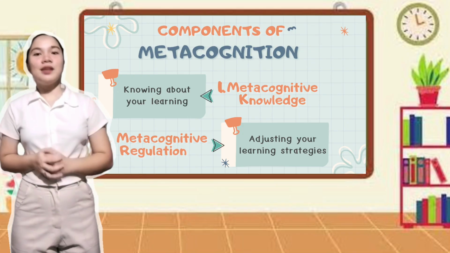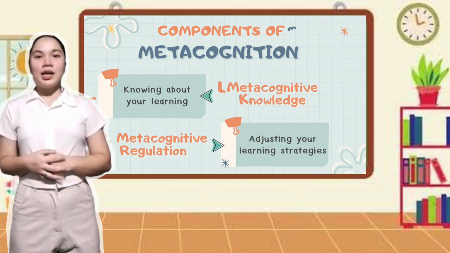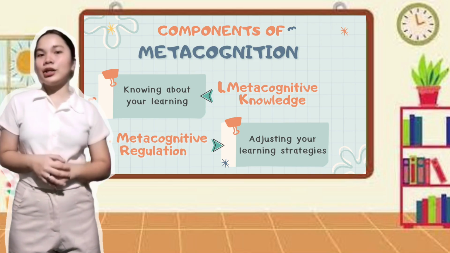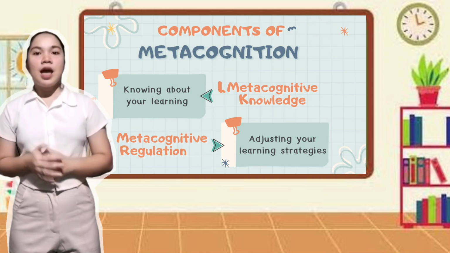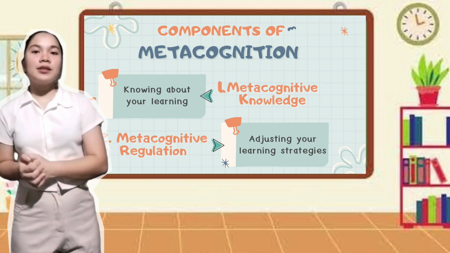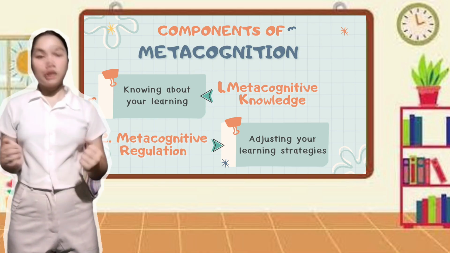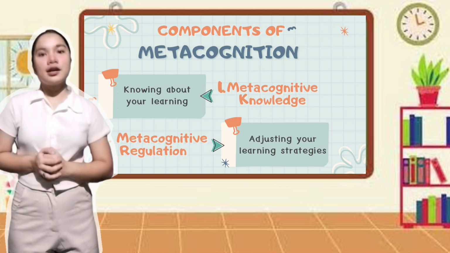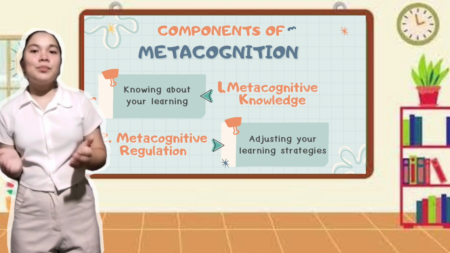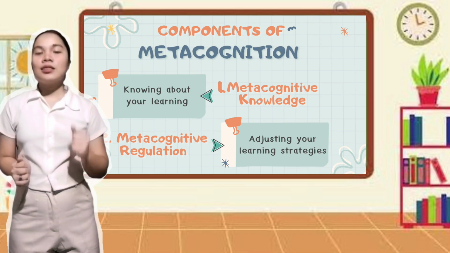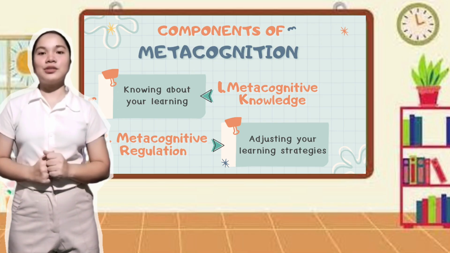Let's start with metacognitive knowledge. It means knowing about your learning. This is what we know about how we learn, and we understand our strengths, weaknesses, and the strategies that work best for us. For example, if you know you remember things better by writing them down, that's metacognitive knowledge.